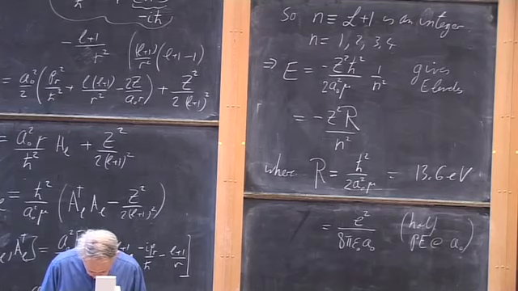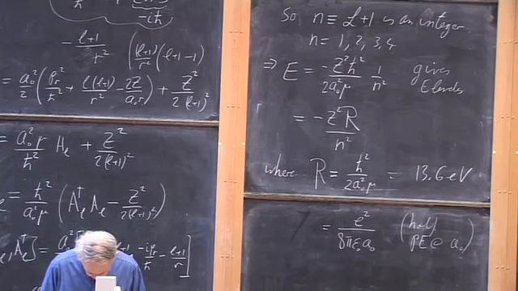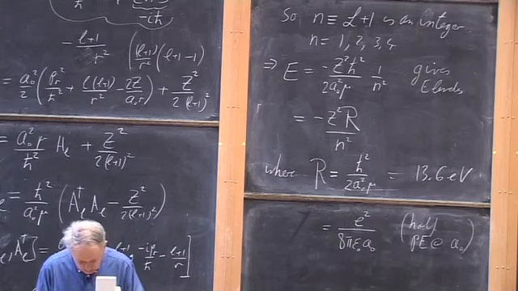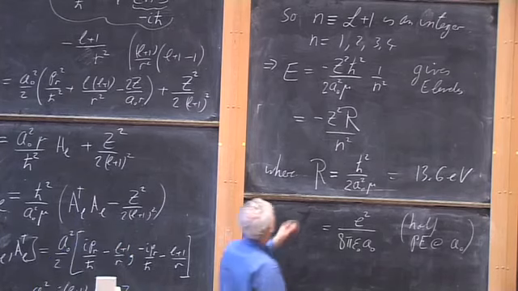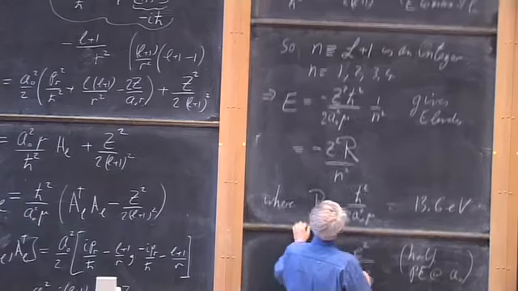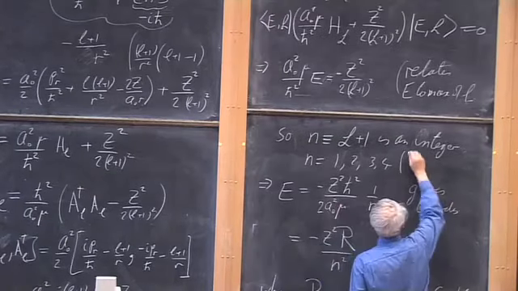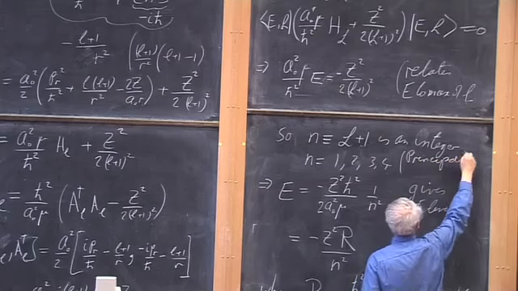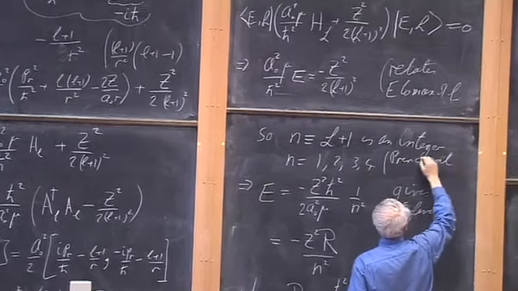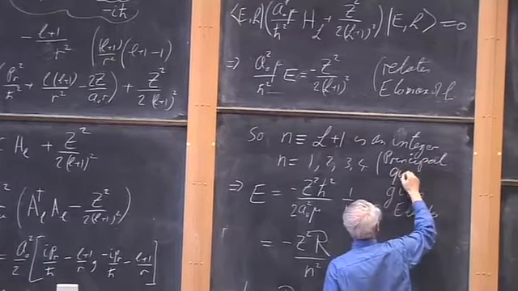So, what do we need to do next? Jargon. This is called the principal quantum number.